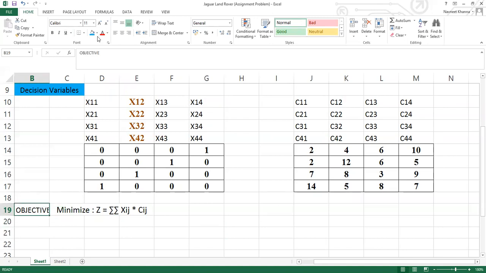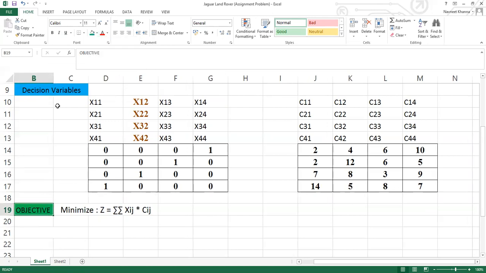So this is the objective, right? The objective would be equal to the sum of Xij into Cij.